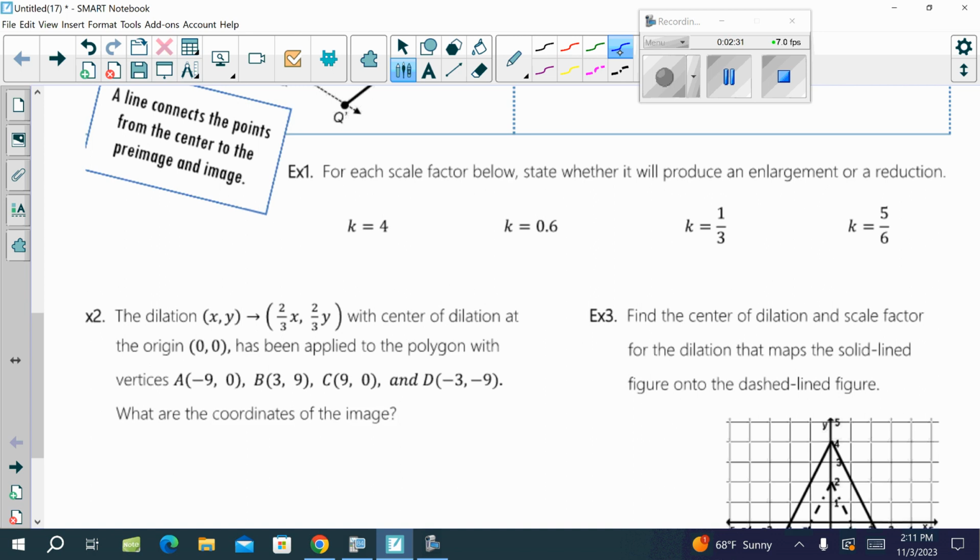So if your k equals 4, which one is it? Enlargement. 0.6. Reduction. 1/3.